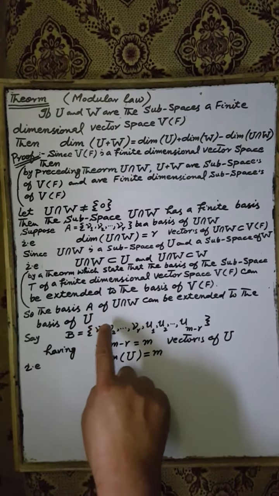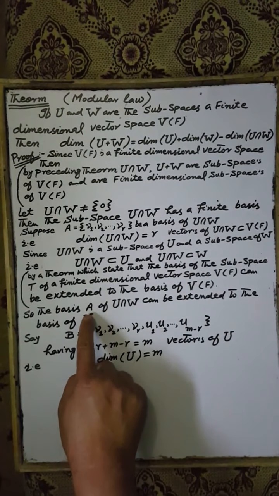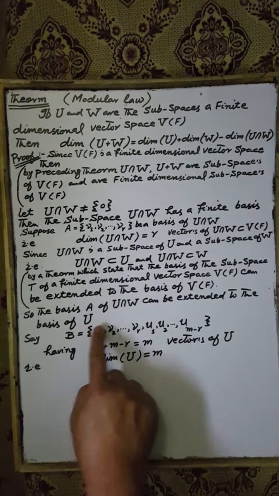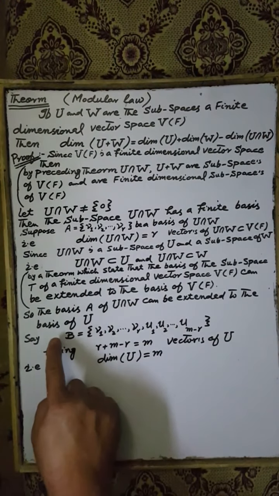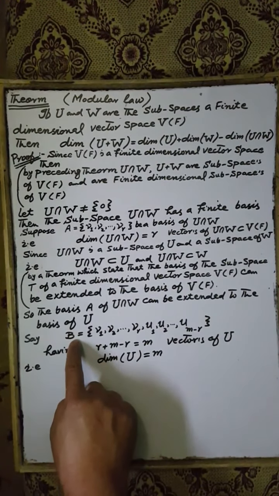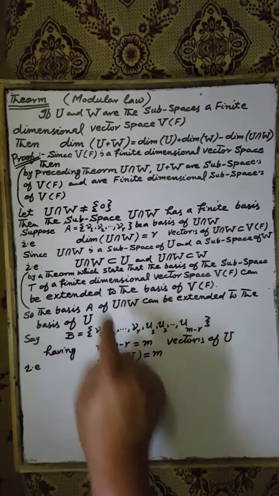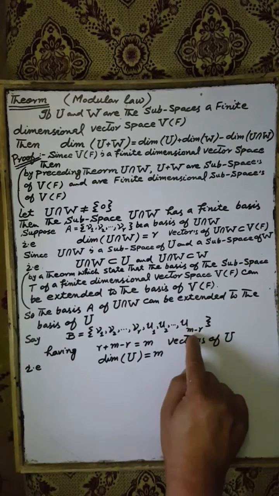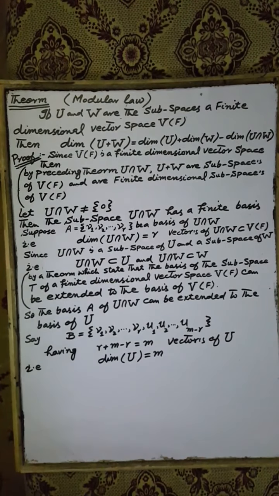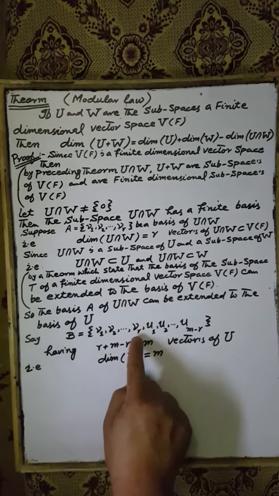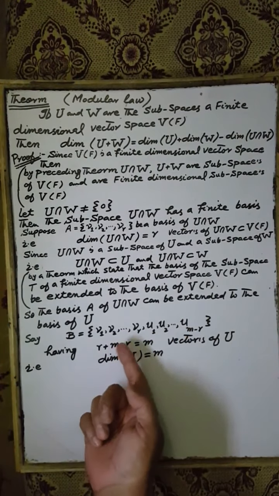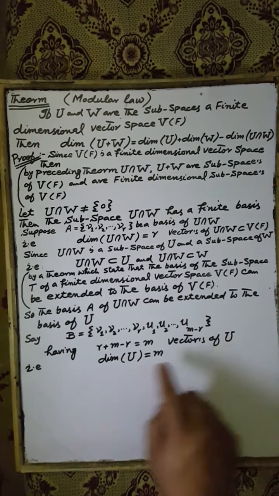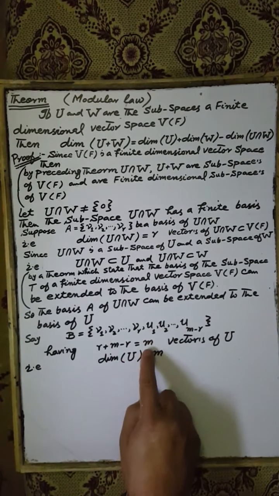According to this theorem, the basis A of the subspace U intersection W of the subspace U can be extended to a basis B, which contains all the elements of the set A, v1, v2 up to vr, and other elements u1, u2 up to u(m minus r), which are elements of the subspace U. That is, v1 up to vr, u1, u2 up to u(m minus r), all elements of the subspace U, contain r plus m minus r, which is equal to m vectors.